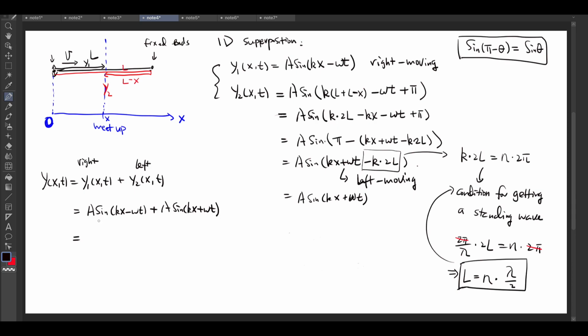Now to sum up these two expressions, sine plus sine, let's recall another identity in trig functions. So sine theta 1 plus sine theta 2 equals twice sine of (theta 1 plus theta 2) over 2, times cosine of (theta 1 minus theta 2) over 2.